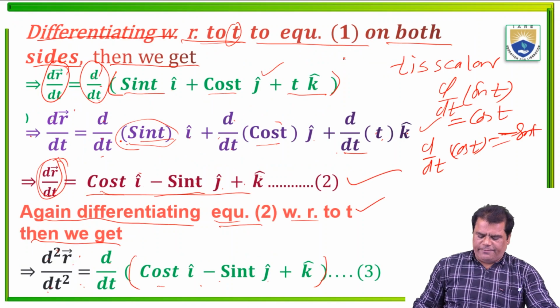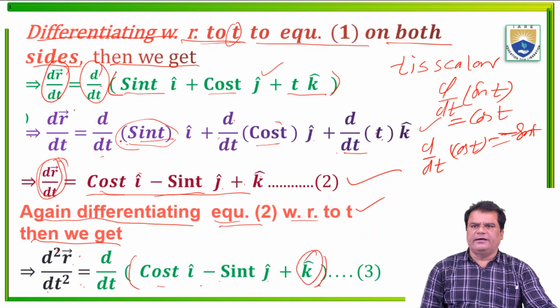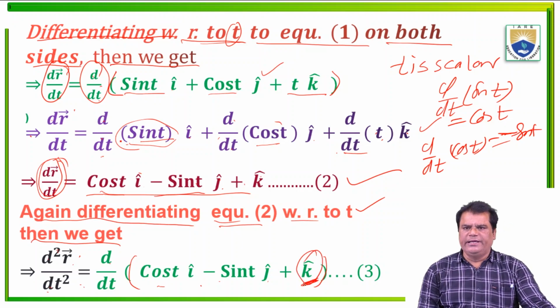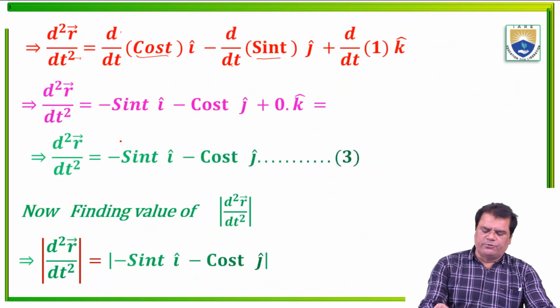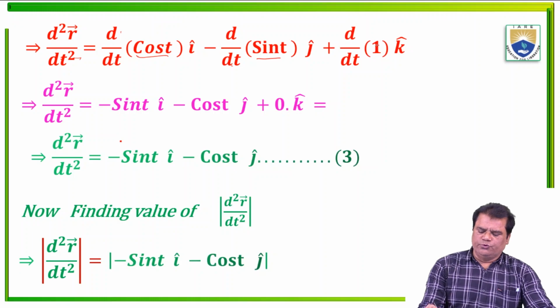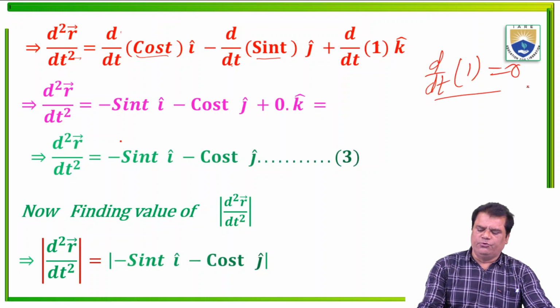only k. In the last equation, in the third term, we see that there is only the k vector, but there is no function, so here is unit 1. One function is there, so we differentiate 1 with respect to t. We know d over dt of 1 is 0.